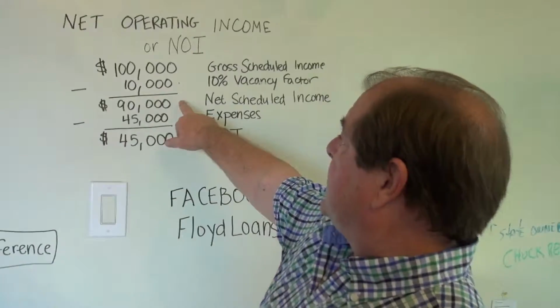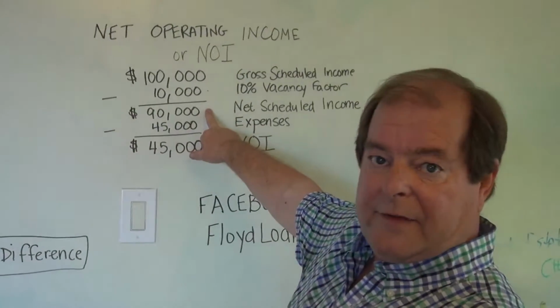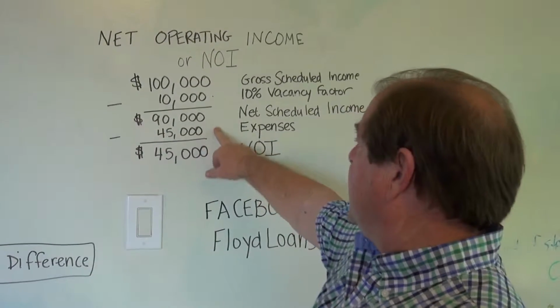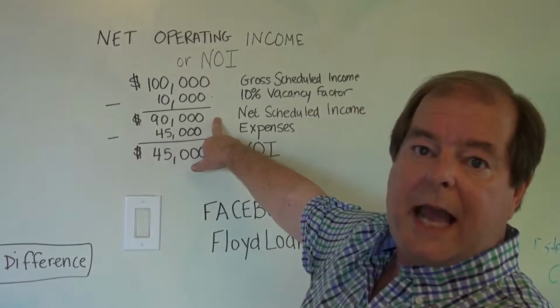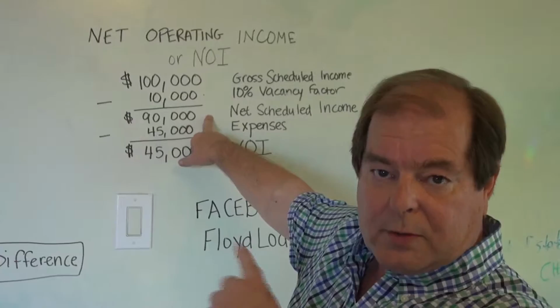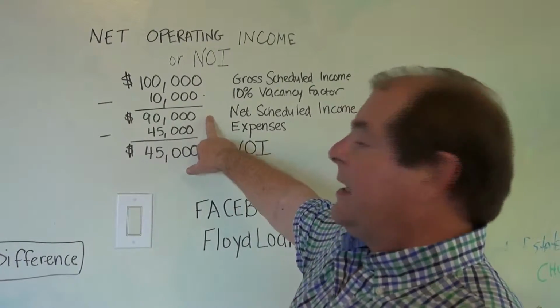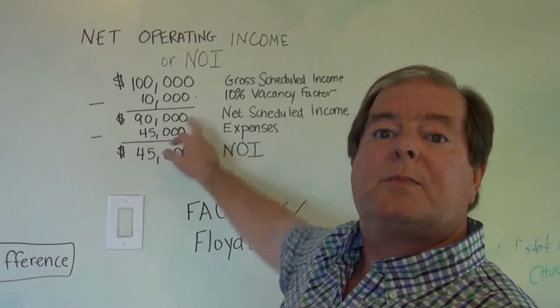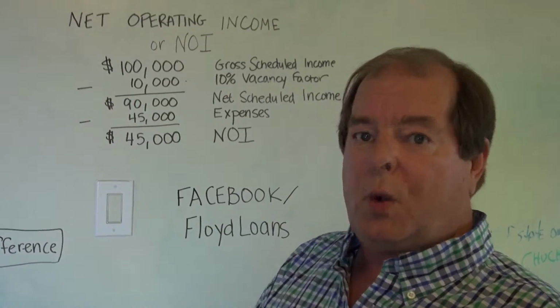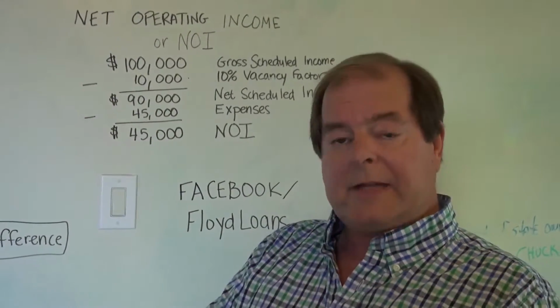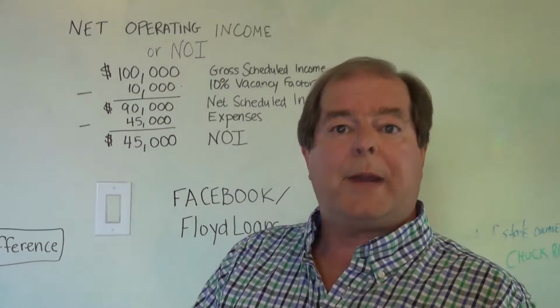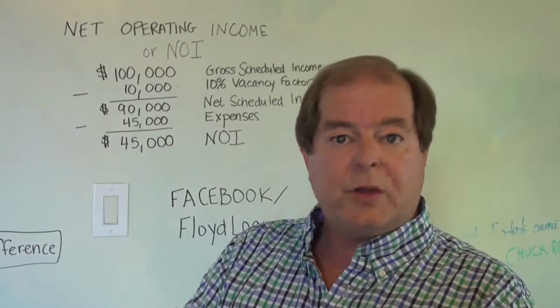Now when I subtract the vacancy factor out of your gross scheduled income, you come to the net scheduled income, which is $90,000, because I've subtracted the 10% vacancy. Now, out of that, we have to subtract our expenses. What expenses do we have? We have taxes, we have insurance, we have repairs, we have maintenance, we have utilities.